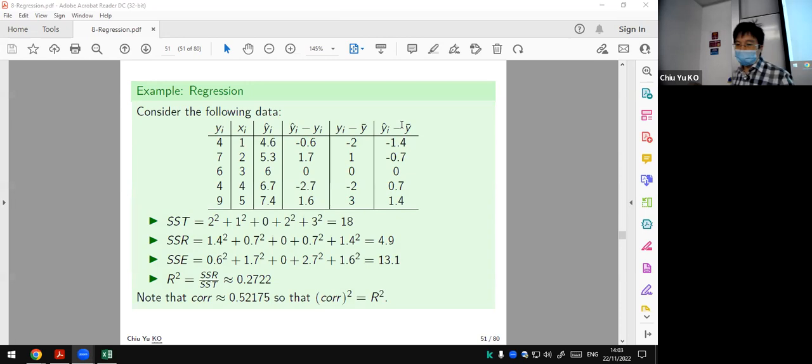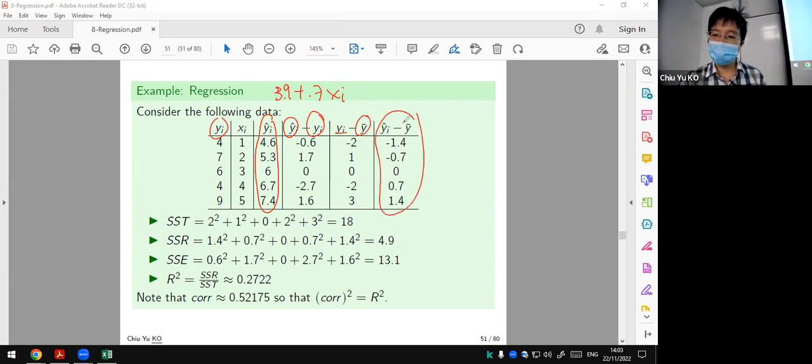I think at this moment you're able to understand it, but I'll just go over it quickly. This one, y hat, I think you know how to do it, right? It's just 3.9 plus 0.7 xi. This gives you this column. And you subtract y hat minus yi, gives you this column. And you subtract from the mean, you get the other column. And you subtract this, and you get this column, right?